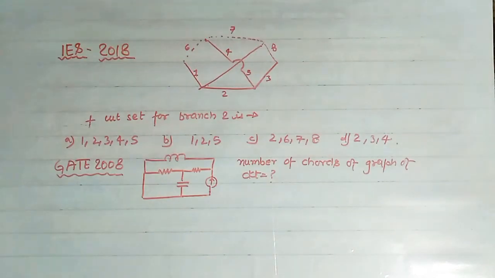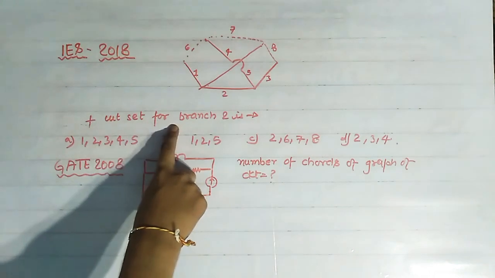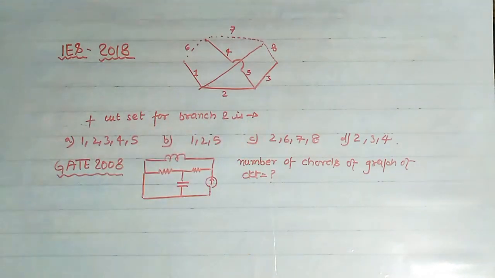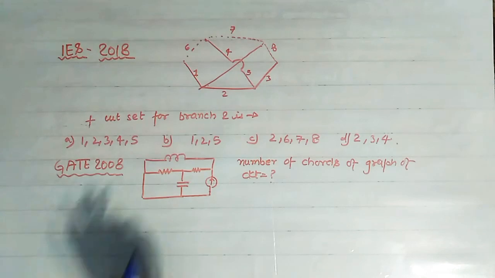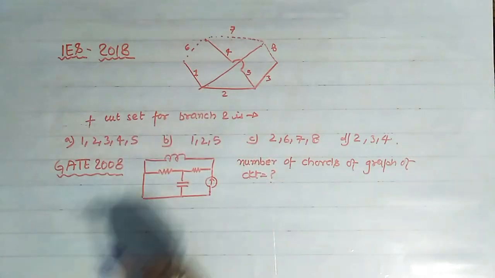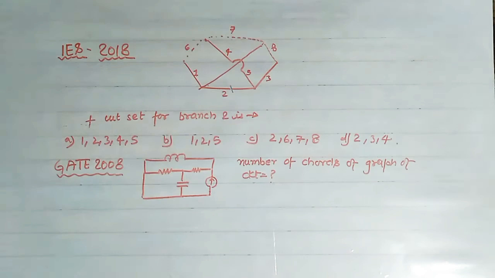Now see this question that has been asked in GATE ES 2018. Here this graph is given and we have to find the F cut set for branch 2. We know that the F cut set contains only one tree branch, or we can say only one twig and the remaining links. So for branch number 2 it must contain only this, that is twig 2.